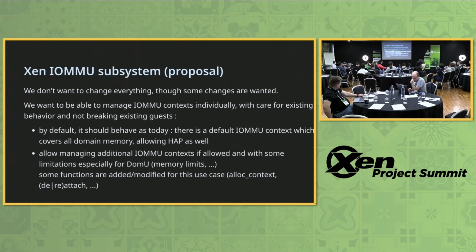Due to the fact that there can be either the default context or not, some functions will be added, maybe modified, because it will be more practical to work with, like something like a context creation call to create a single context, or reattach operations to change the context of a device, including between domains, so that can replace some functions.